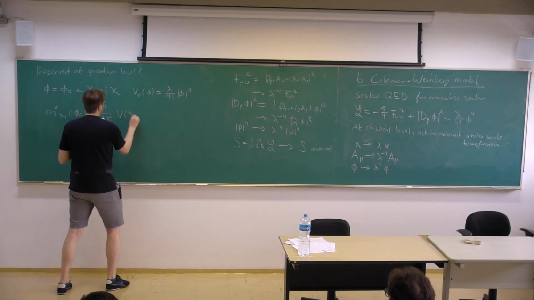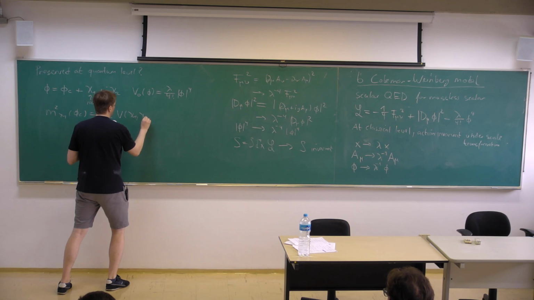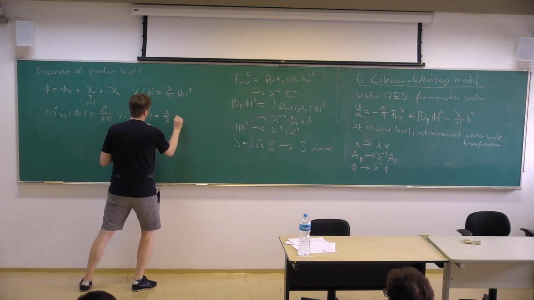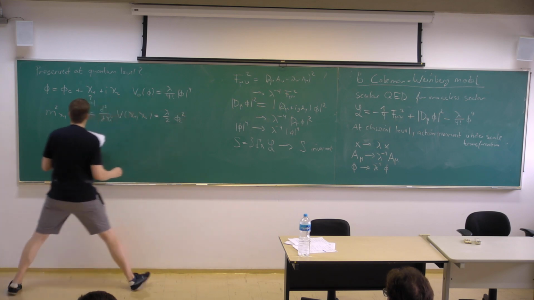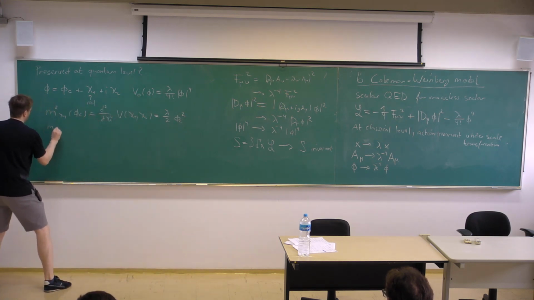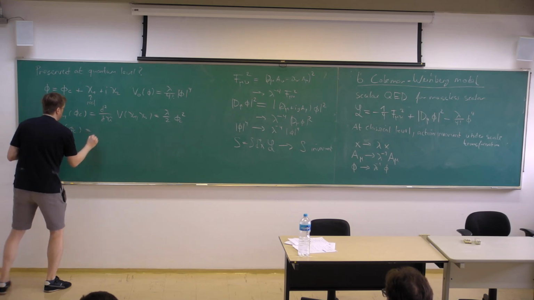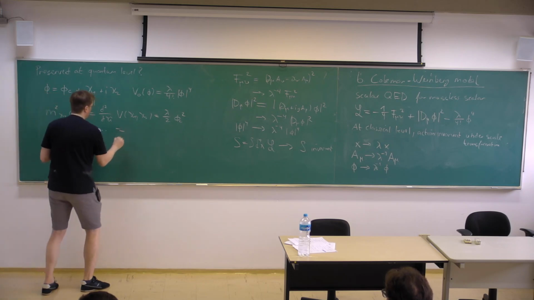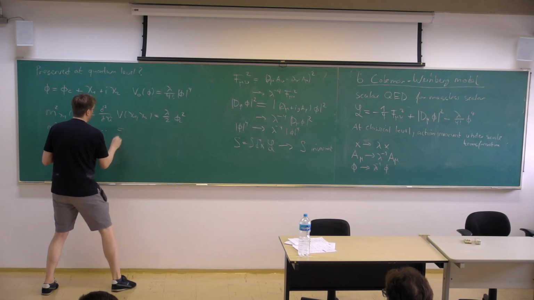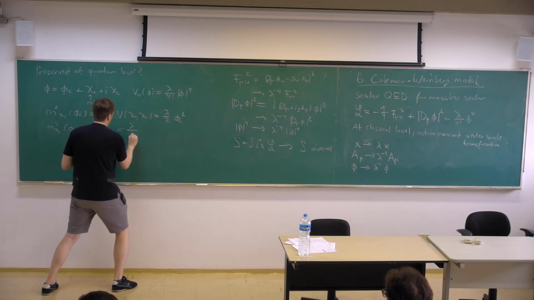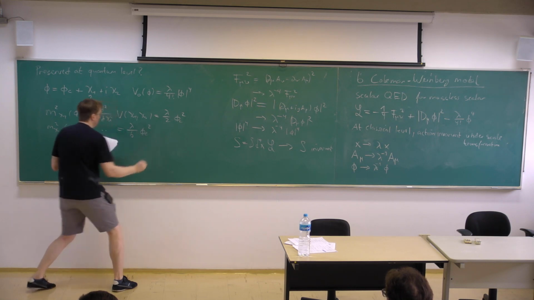I can rewrite the potential in terms of chi1, chi2 now, and the same for the other one. So now the second derivative with respect to chi2 is given by lambda over 6 phi c squared.